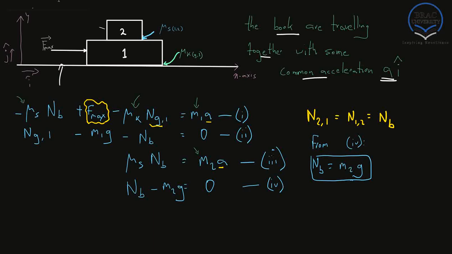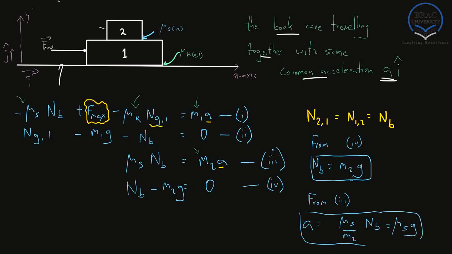Because from 3 we have a equal to mu_s nb by m2. But we've also found the expression for nb in terms of mass, so plug this nb equal to m2g here, and you get a equal to mu_s times g.